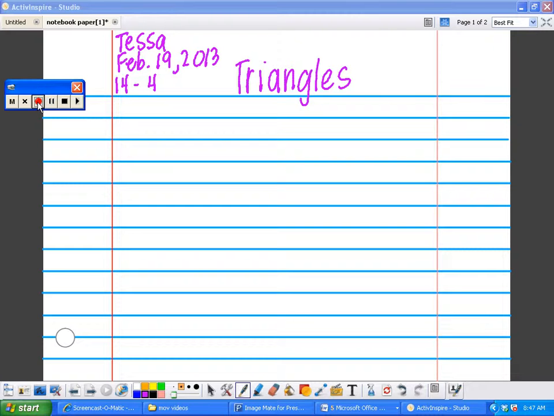Okay, so we're going to start off with a basic perfect triangle. A perfect triangle is one that has equal length sides. So try to make equal length sides and make a triangle.